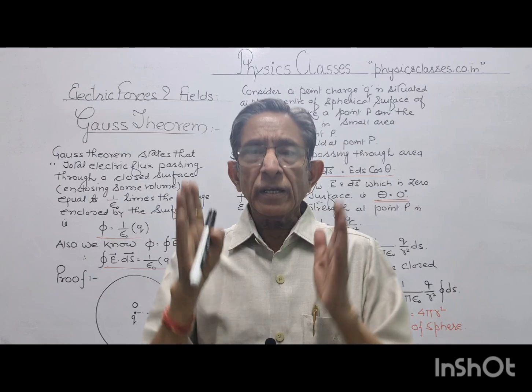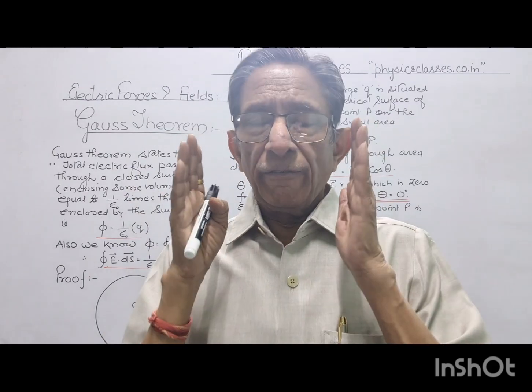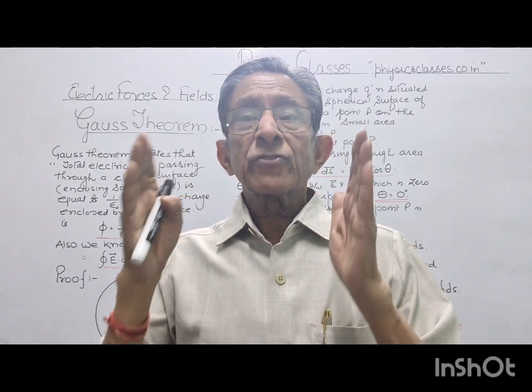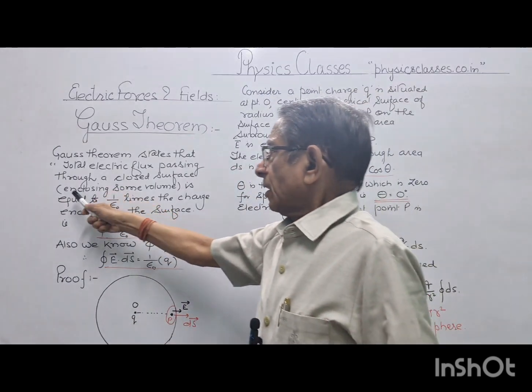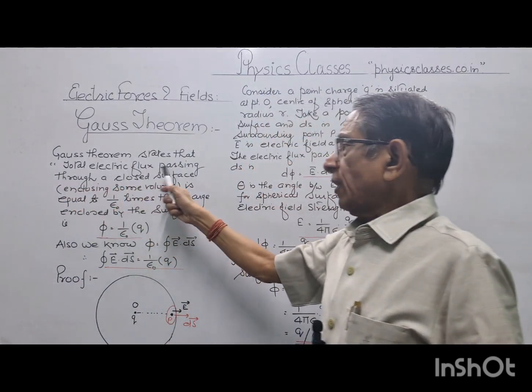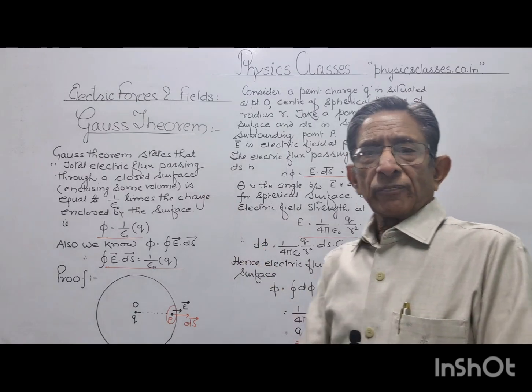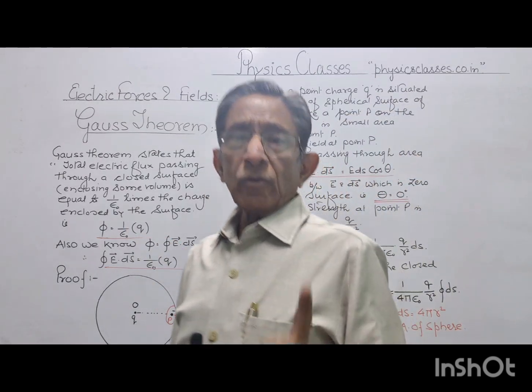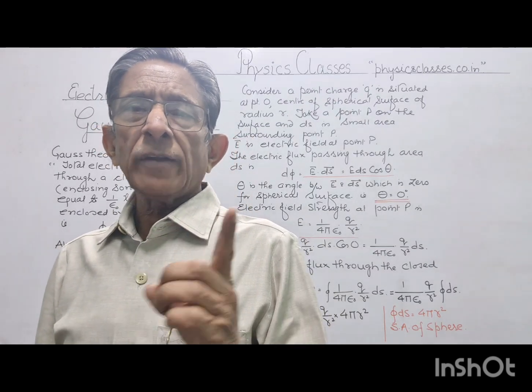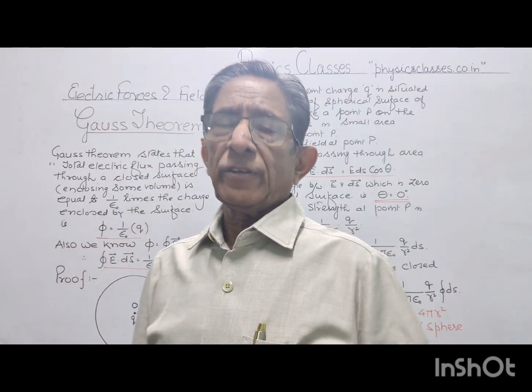We shall always take a three-dimensional figure which contains some volume. That's why we can say total electric flux passing through a closed surface enclosing some volume is equal to 1 upon epsilon naught times the charge enclosed by the surface.